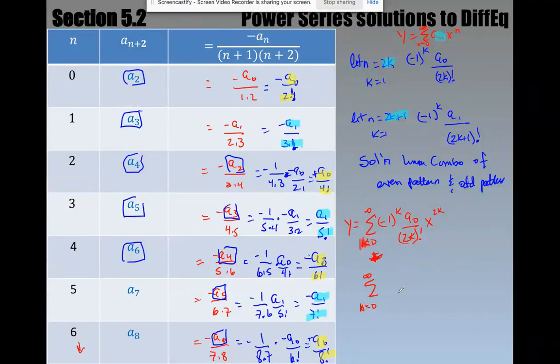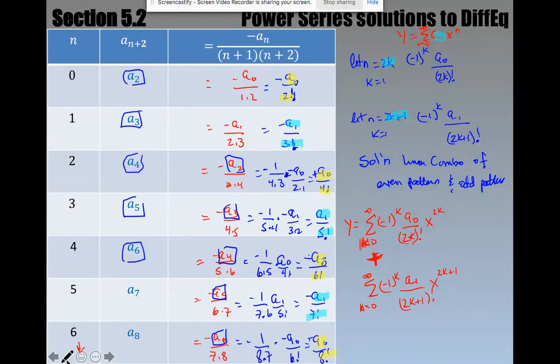Plus also negative 1 to the k, a sub 1 over x to the 2k plus 1, right? That's my solution. That's my power series solution.